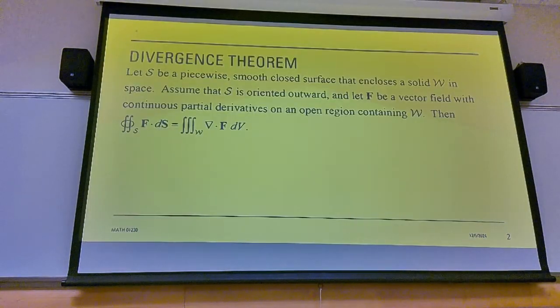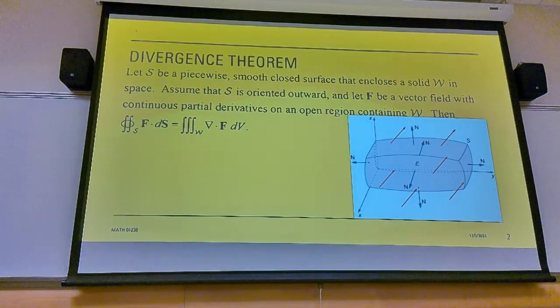Again, important note, positive orientation. So outward pointing normal vectors. The figure uses E to represent the region instead of W, but it's the same thing. So again, just like with the previous two theorems, where your path had to be closed, the divergence theorem can only be used if your surface is a closed surface.